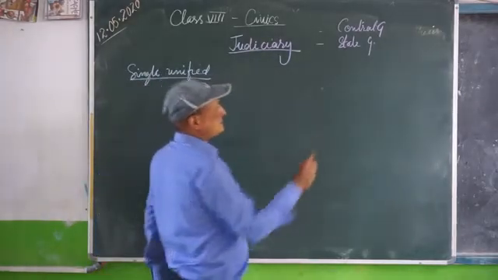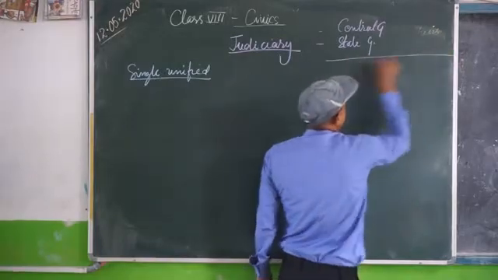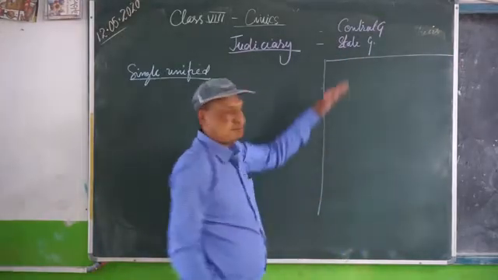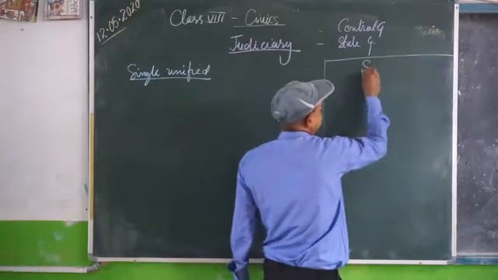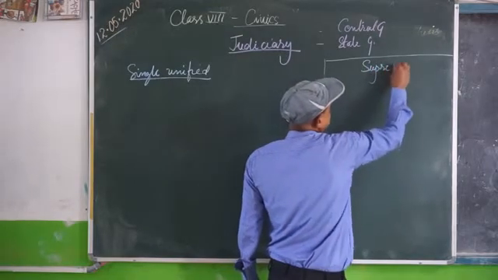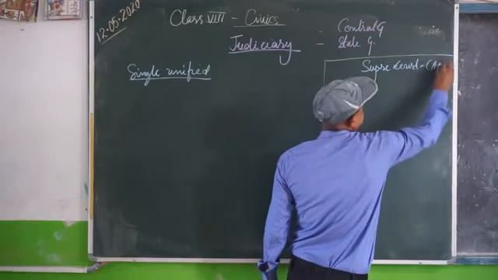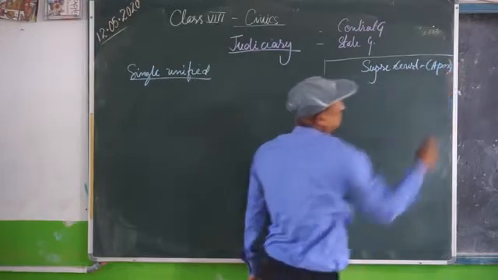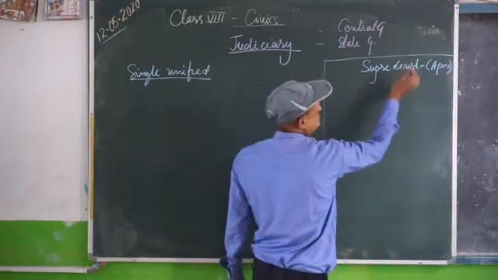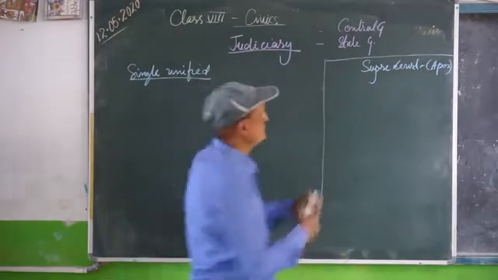And if you see the judicial system in our country, at the apex level, or at the topmost level, we have the Supreme Court. This is the apex court, the highest court in our country.